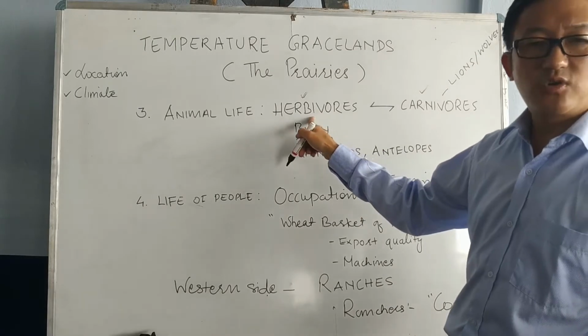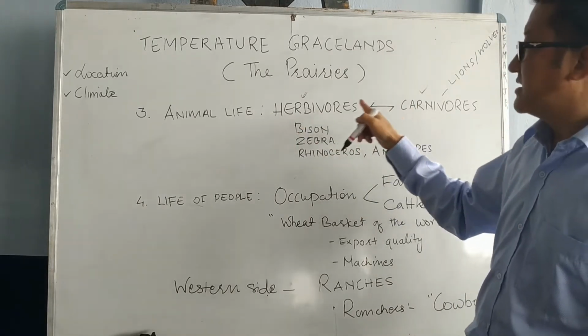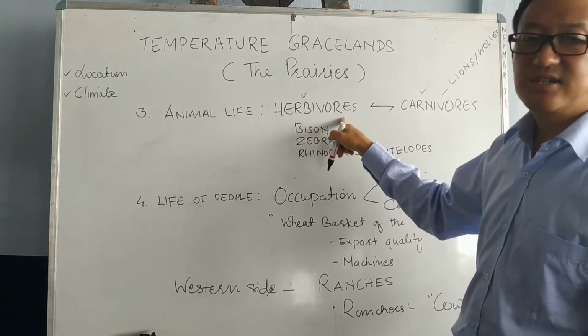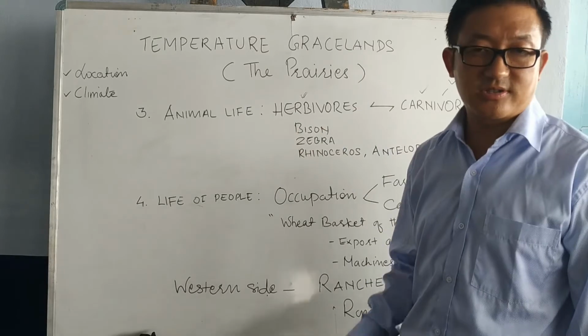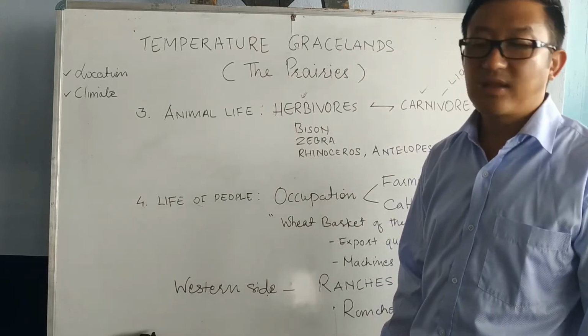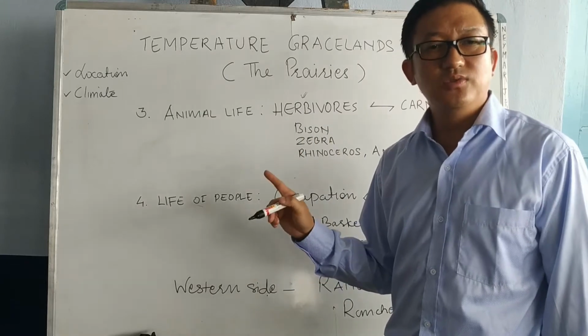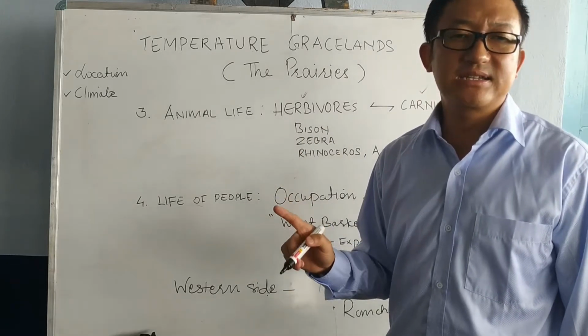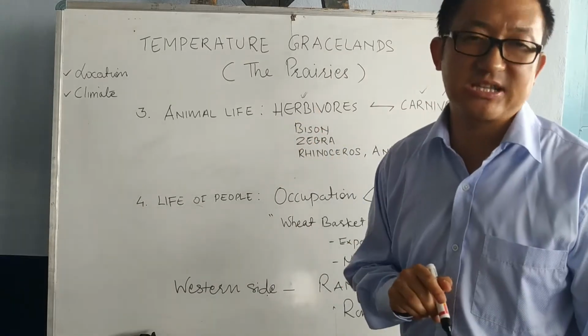Do you know these words? This one is herbivorous, and this is carnivorous. What is herbivorous? Herbivores are the animals which eat grass. They survive by eating grass.